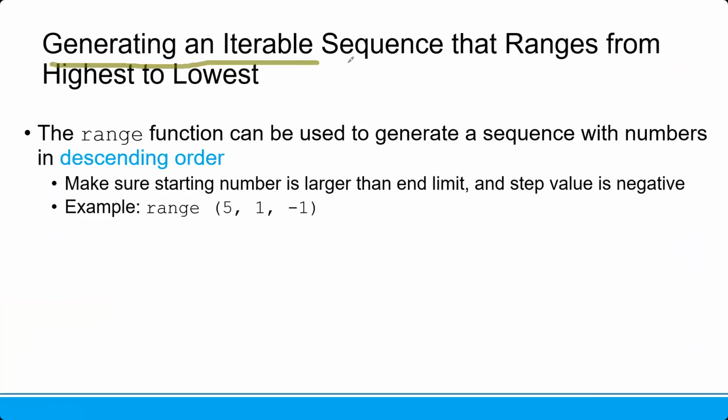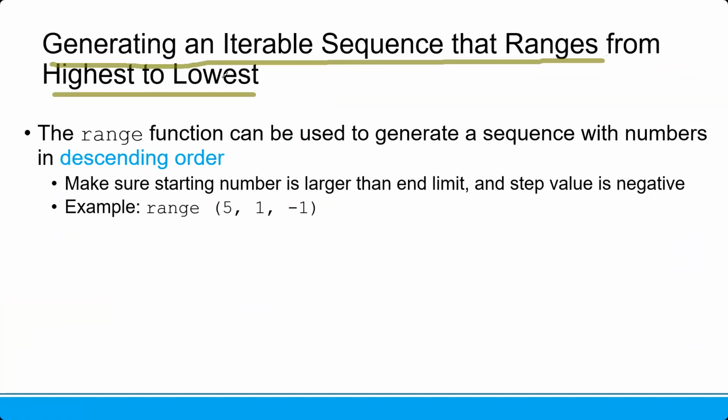Generating an iterable sequence that ranges from the highest to the lowest. If I want to generate numbers, as I mentioned before, we only have the increment. But can we generate a decrement from high to low?